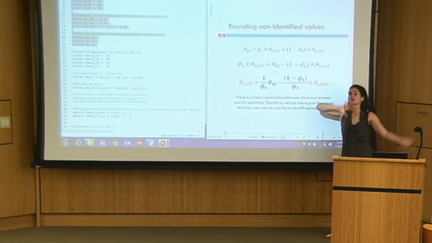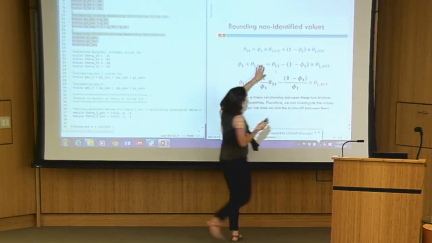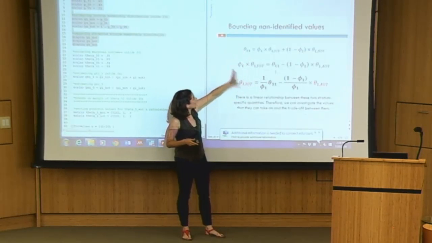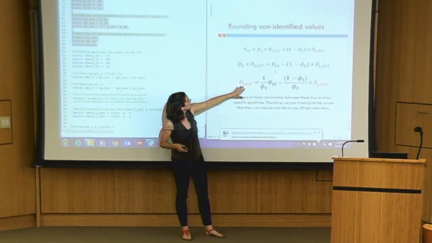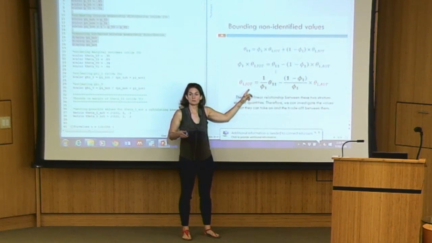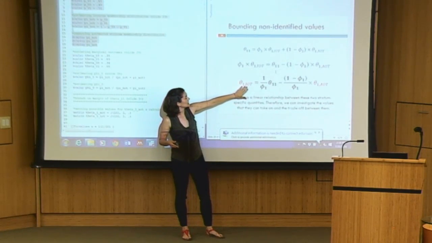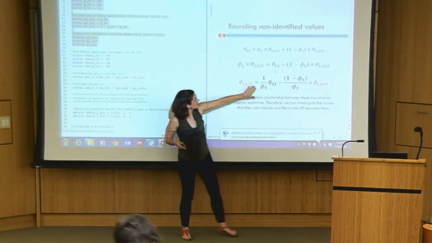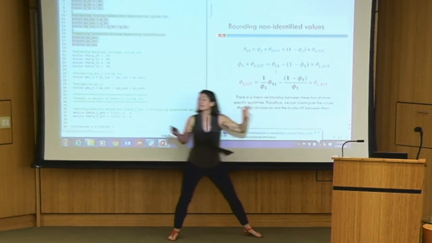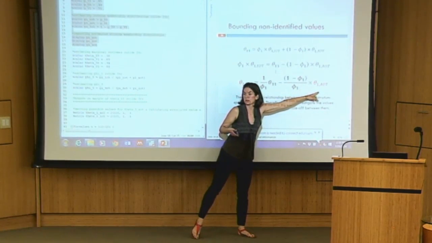What we're going to do is rewrite it, algebraically moving things around, so that we can express theta 1 IOT, the outcome proportion in the IOT cell, as a linear function of theta 1 AOT.